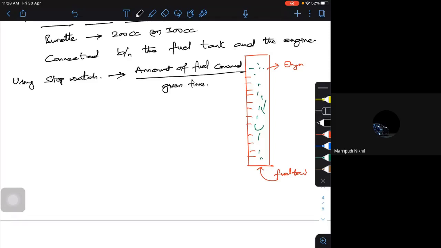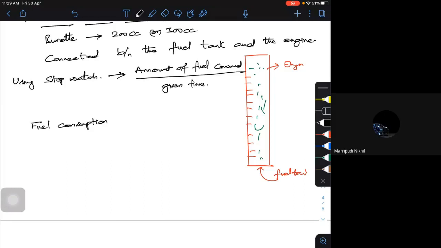Fuel consumption is the amount of fuel consumed per unit time. If I want it in terms of hours, at any given point, fuel consumption may be in kg per hour.